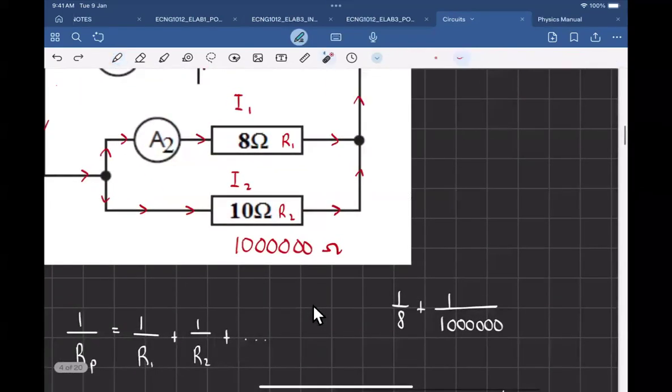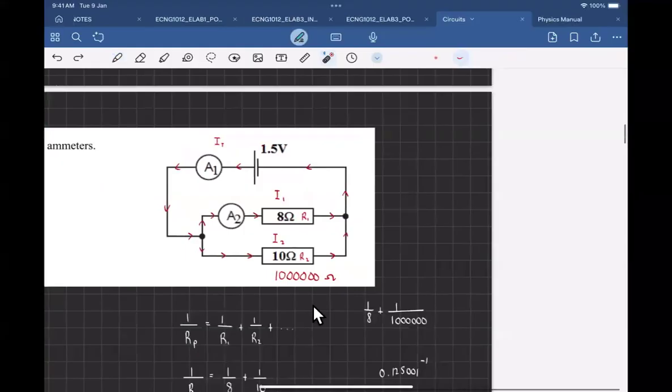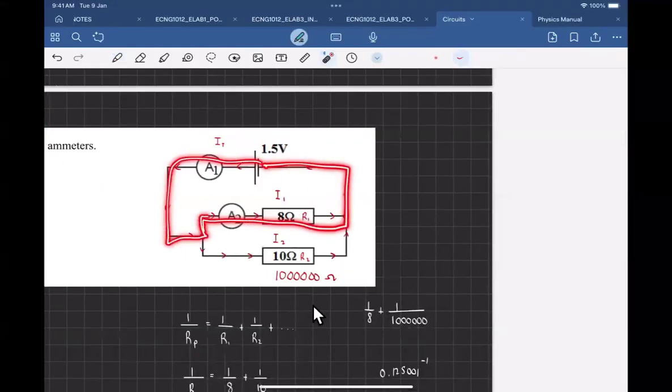Watch how that makes sense. Because the resistance here is so big, crazy big, most of the current will just pass through here. So this is the resistance in the circuit, more or less, because all the current is going to pass through this. So the resistance is just 8 ohms. Does that make sense?